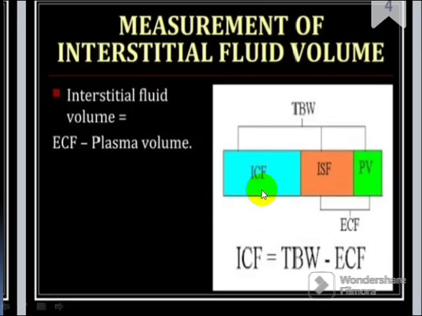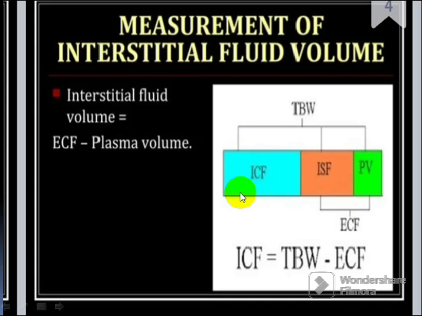Also, interstitial fluid volume falls under what category? Extravascular. Okay.